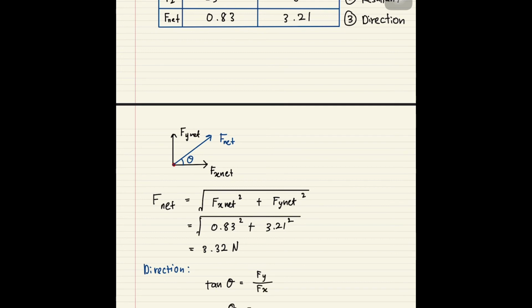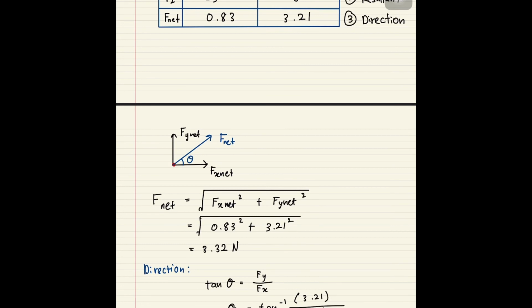Okay, so I already told you kenapa, so I'm not going to repeat that. Oops, I substitute straight away. I already show you why it becomes fy over fx from the triangle itself. So this one would be y, which is 3.21, divided by x, which is 0.83.